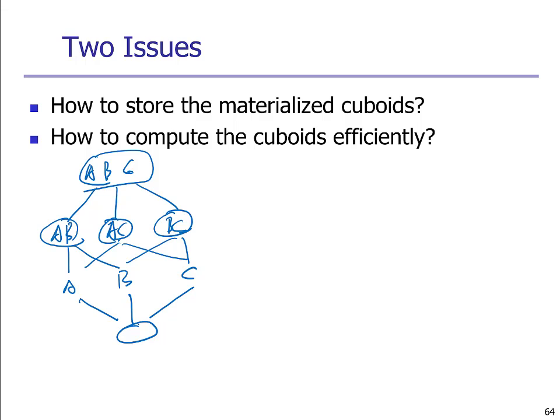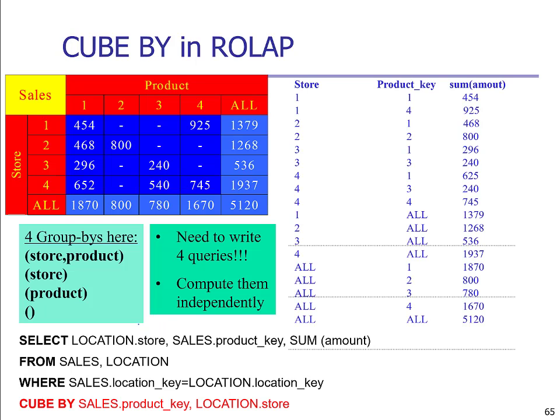So the first problem is how do we store this kind of materialized cuboids? In relational OLAP, say this example is a 2D table. We have a product and a store.